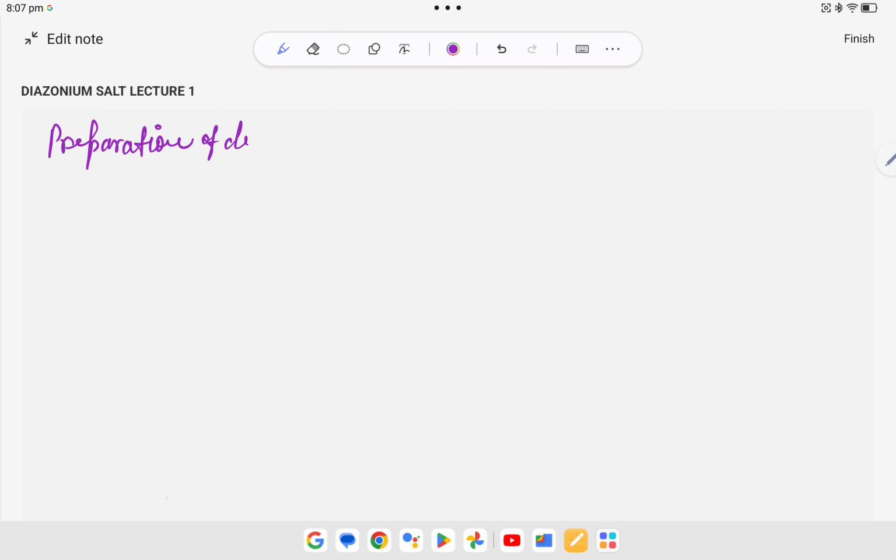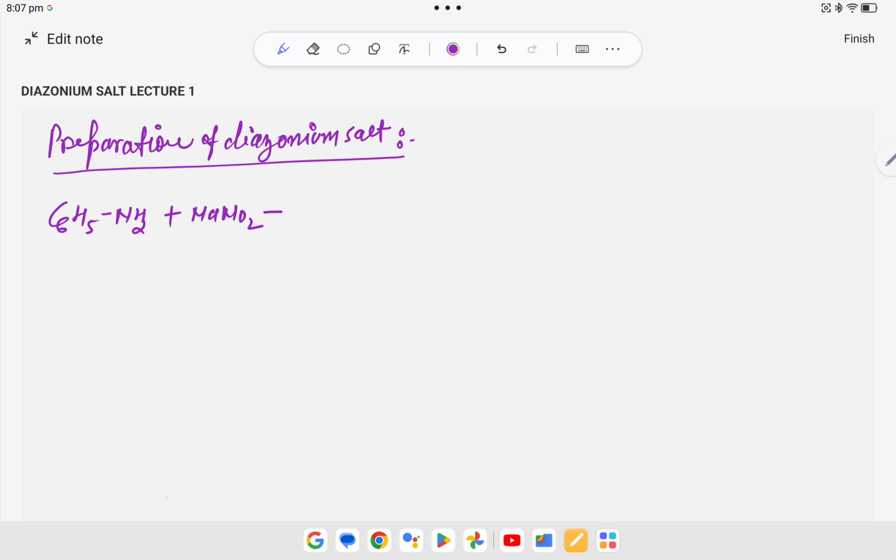Preparation of diazonium salt. Children, if you remember, in the chemical properties of amines, when we discussed the reaction with nitrous acid, at that time we formed this substance. Again I am telling you, C6H5NH2 plus NaNO2 plus HCl, because we want HNO2, at a temperature of 273 to 278 Kelvin.